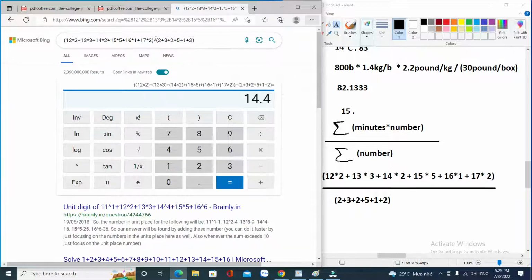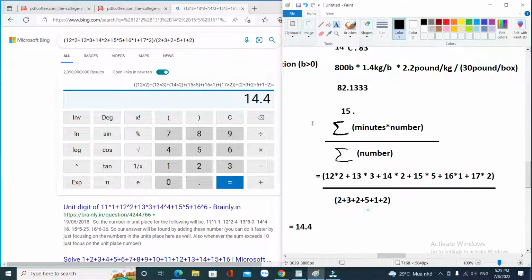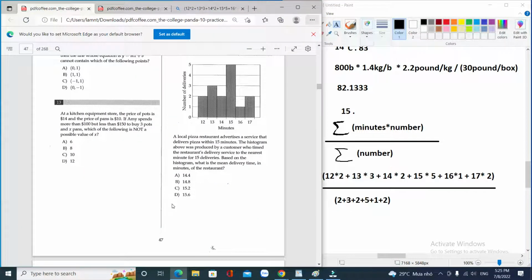What's the result of this? That's 14.4. So the answer for 15 should be A.